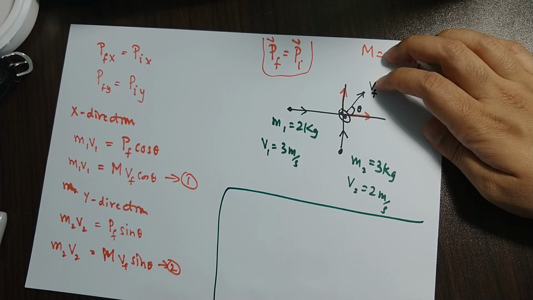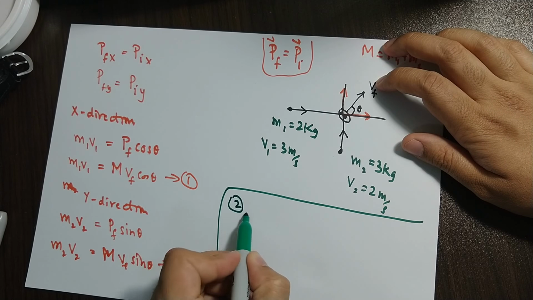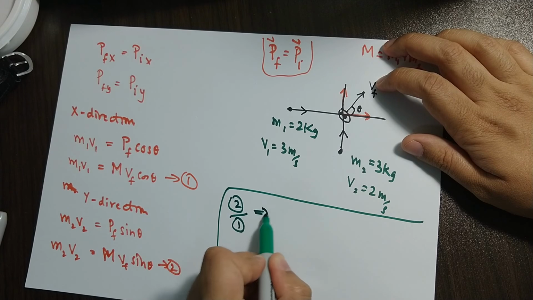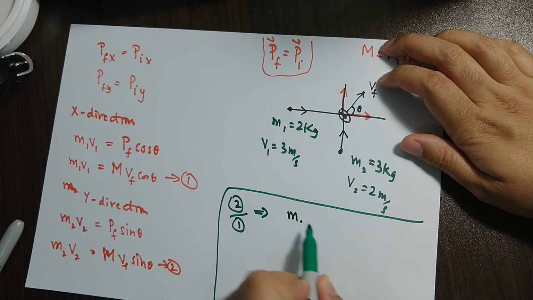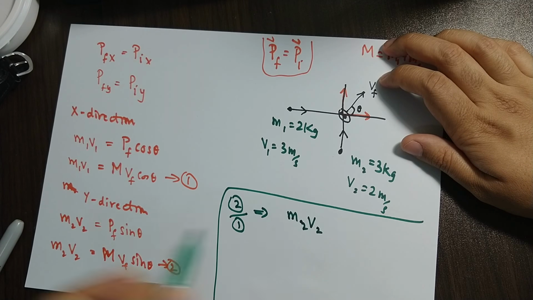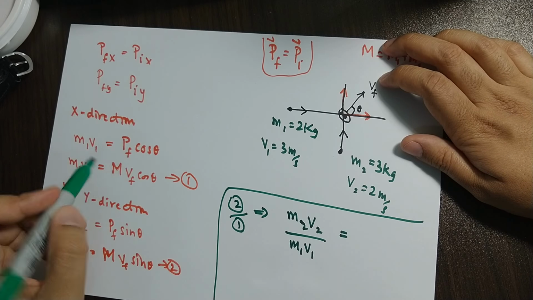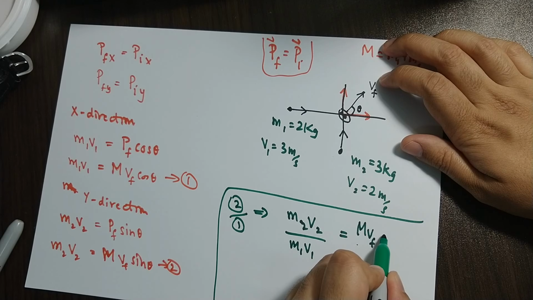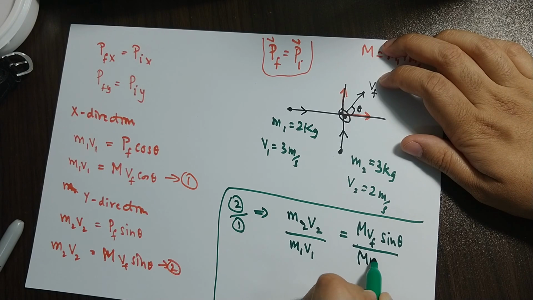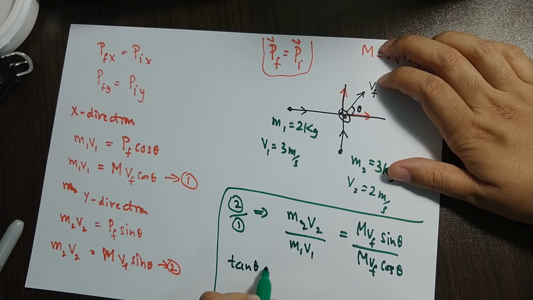Let's solve them over here. We can divide the two equations. So let's divide 2 by 1. What does that give us? This comes at the top, so you get M2V2 divided by M1V1 on the left hand side, and the capital M and VF will cancel out. So we get sine theta over cosine theta, which is tangent theta, equals M2V2 over M1V1.